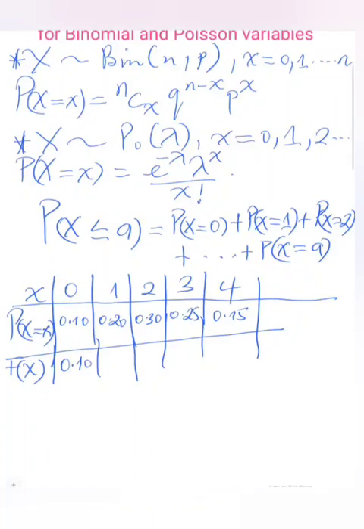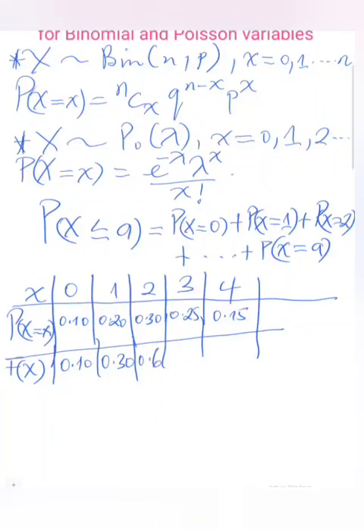In the case of the cumulative probability value of 1, I'm going to sum up that of 0 and that of 1. So I will have 0.30. In the case of the cumulative value of 2, I would sum up that of 0, that of 1, and that of 2. And that would simply be the cumulative up to 1 plus the probability of 2, which will be 0.6.